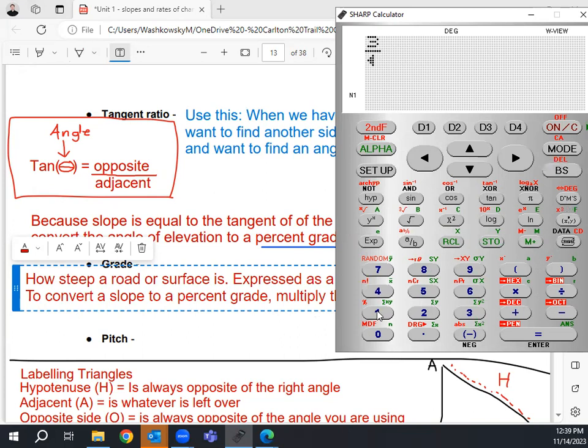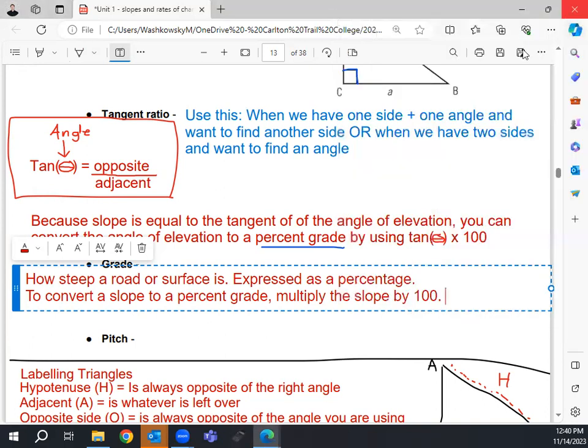Let's do 3/100. All I have to do is times this by 100, and it's going to give me that percentage. So I'll say, oh, this ramp has a 3% slope. 3/100 means for every 100 feet it goes, it rises up 3.